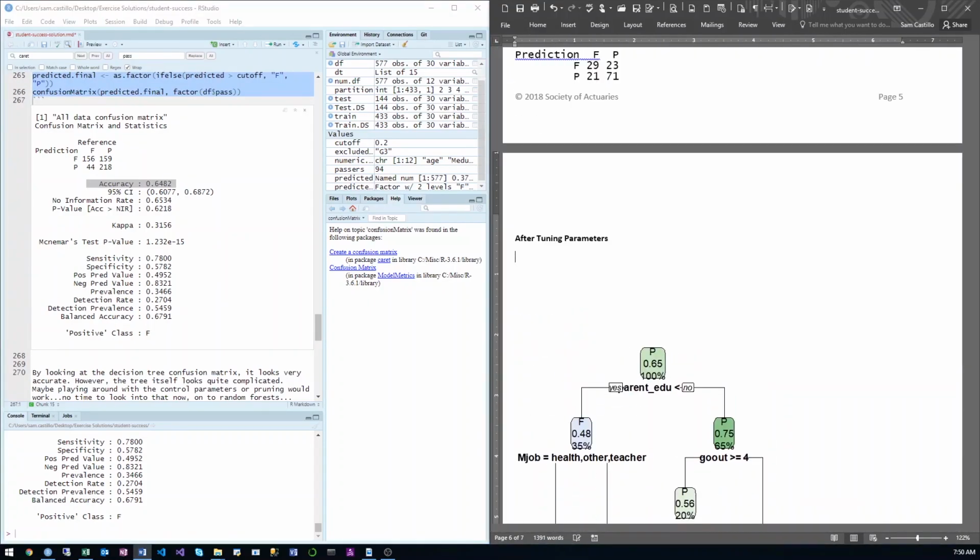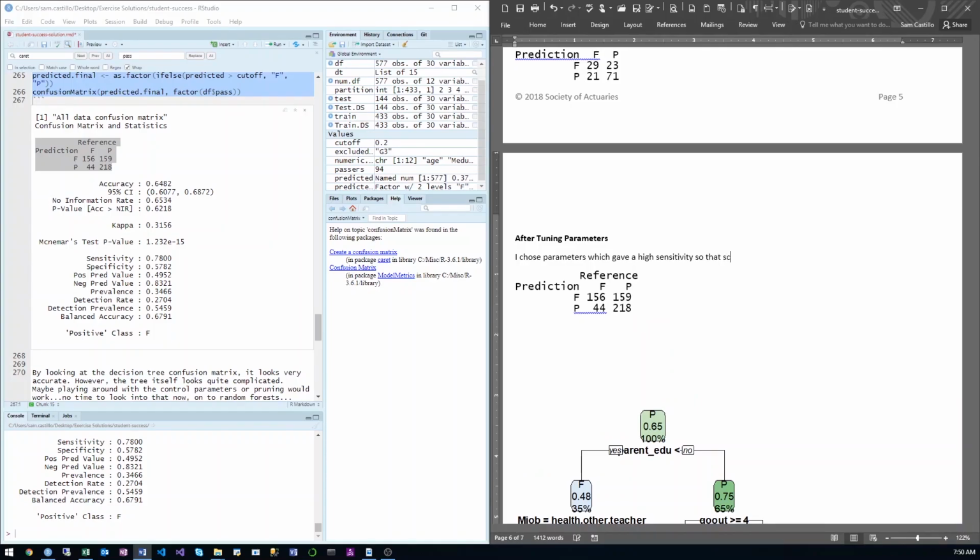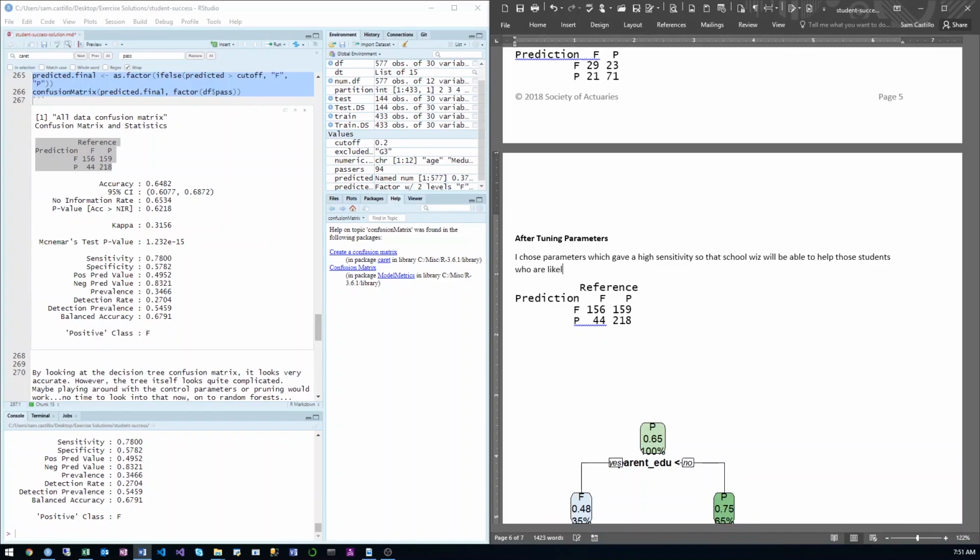I chose a cutoff which gave a high sensitivity so that SchoolWiz will be able to help those students who are likely to fail. The sensitivity is now 78%.